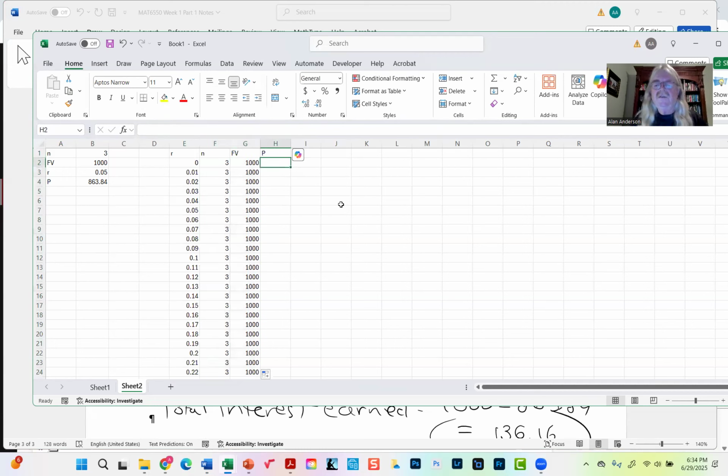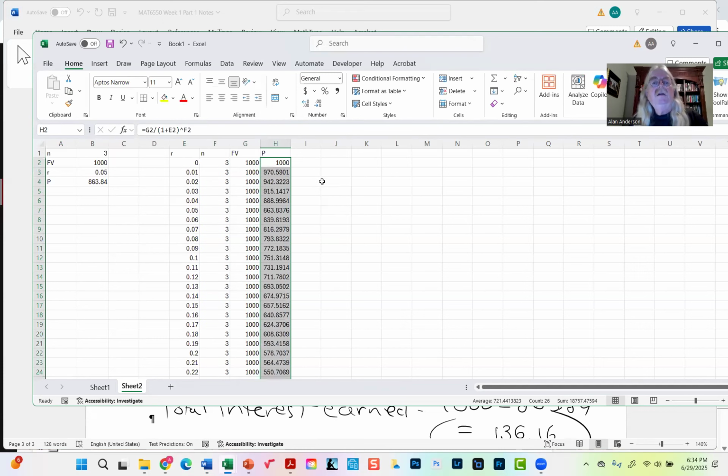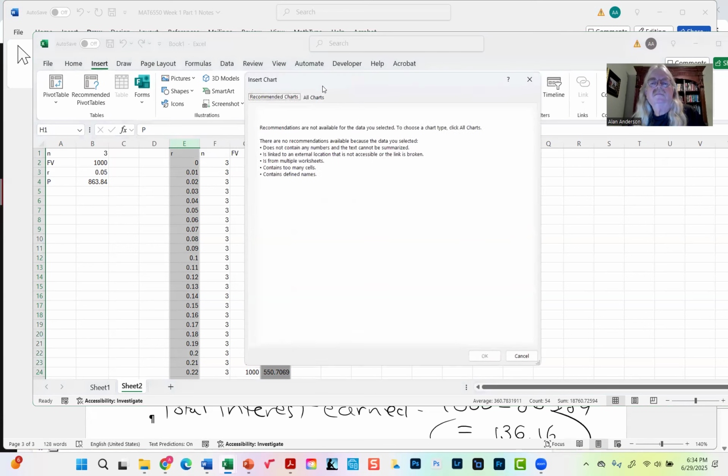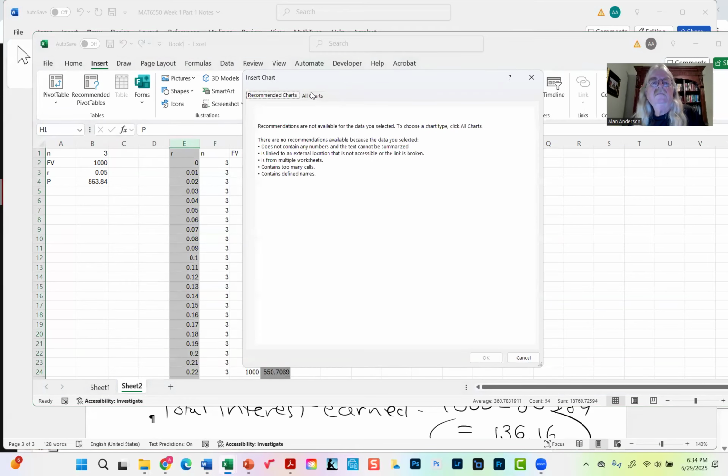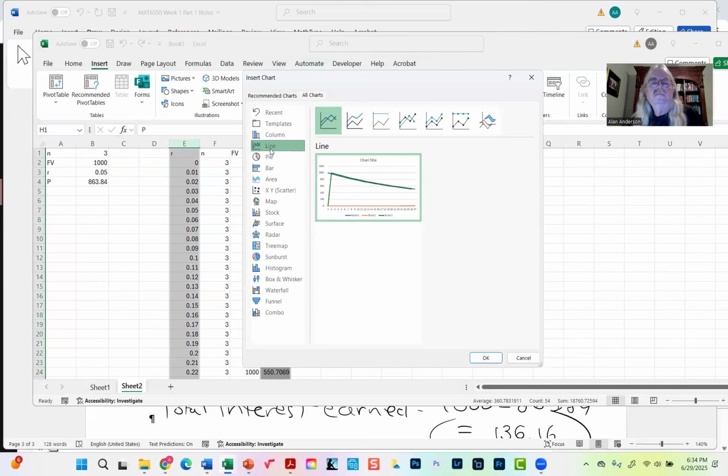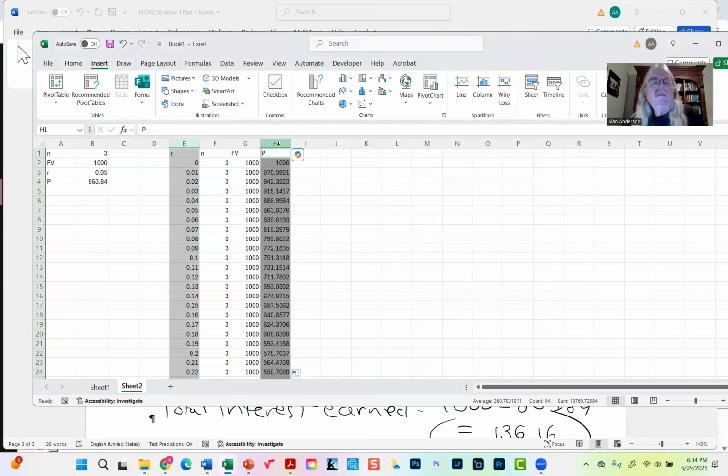So for this, we have 1,000 over 1 plus r raised to the n power. And then I'll grab these two columns. Well, that's strange.